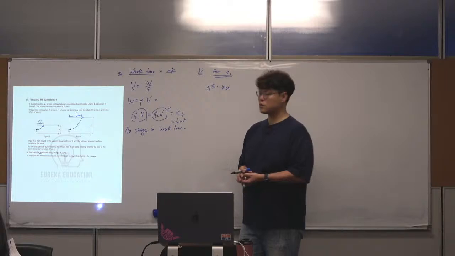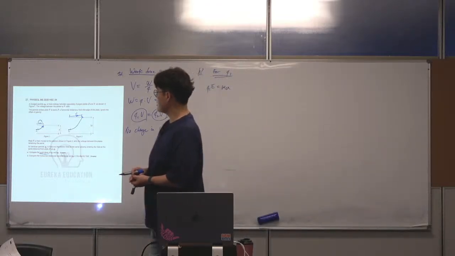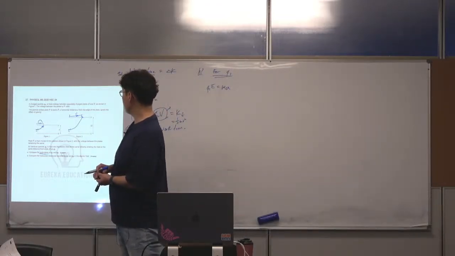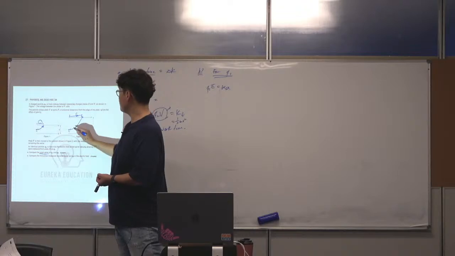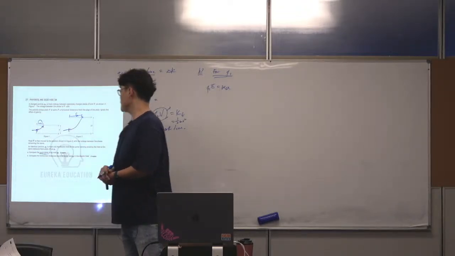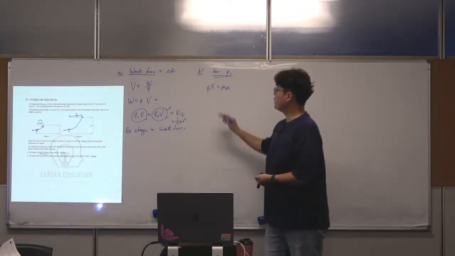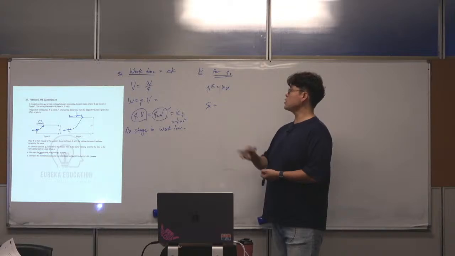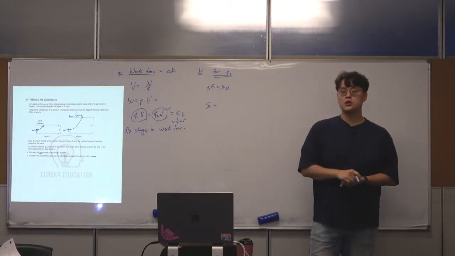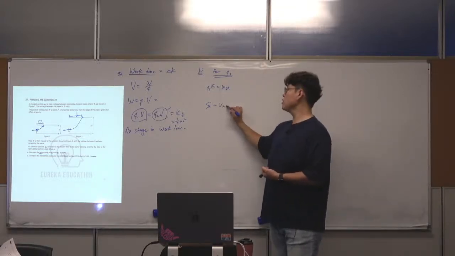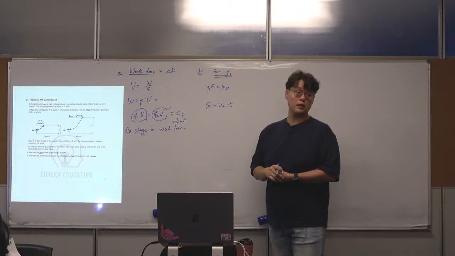All good? So what we have to consider here is it's flying into the plate in this direction and moves downward here. The initial Sx, which is the range, is found by Ux times T.